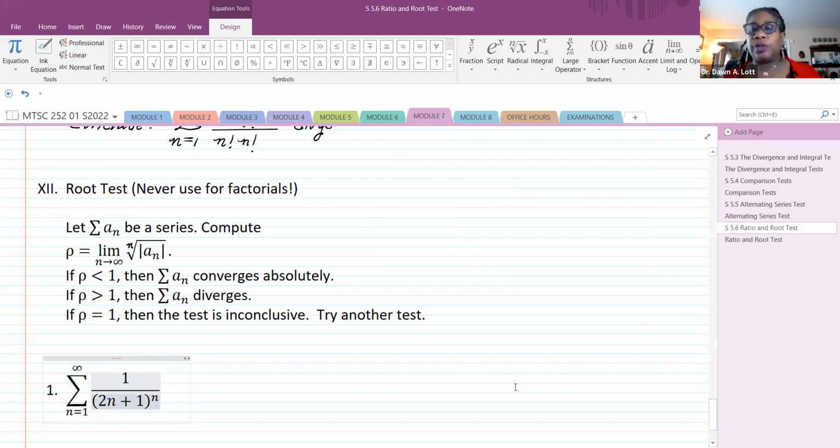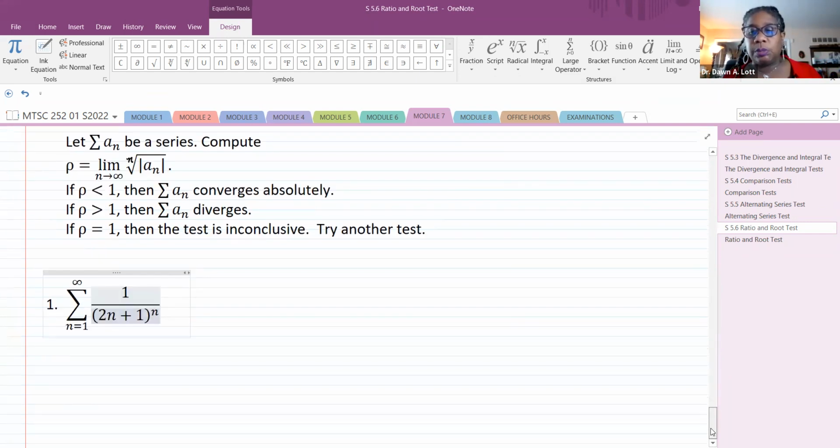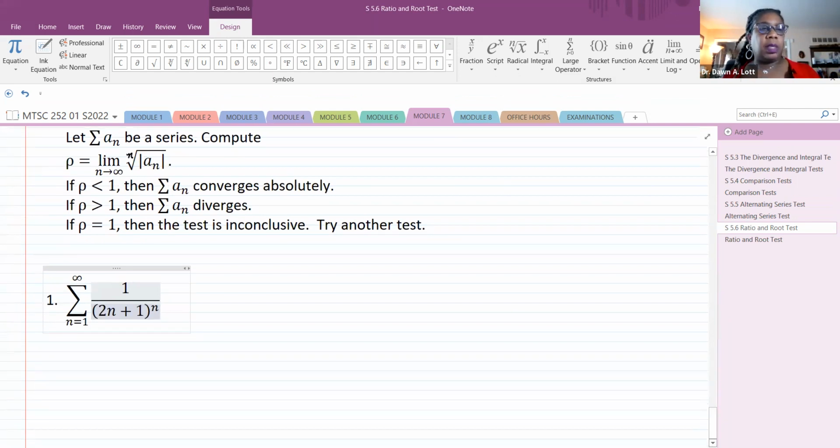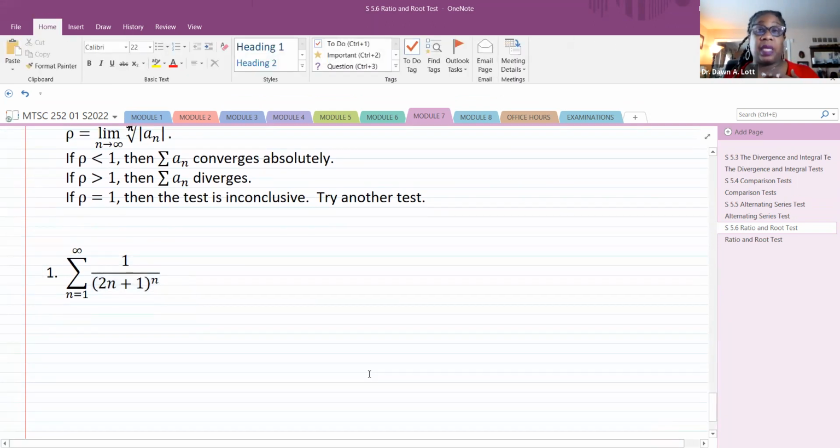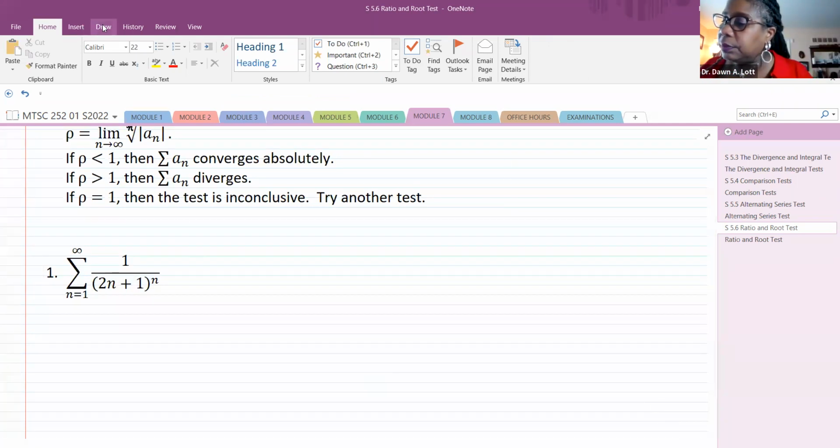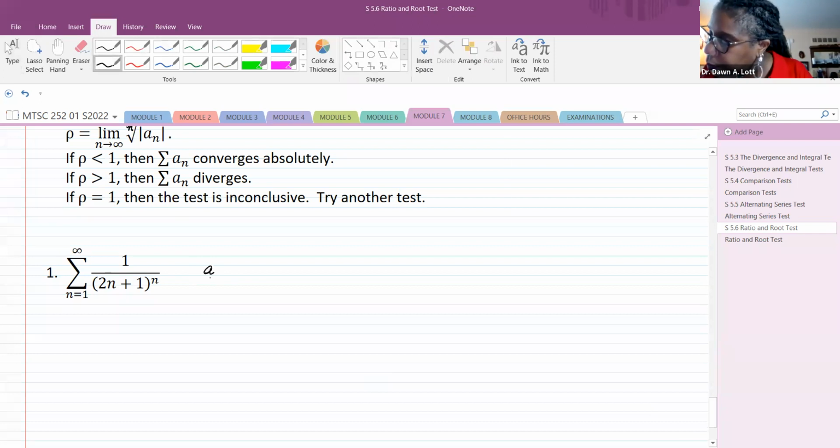All right, this one screams root test, because it's got something in it that's to the power of n. So when I take the nth root of it, it goes away. Okay, so a_n is equal to 1 over.